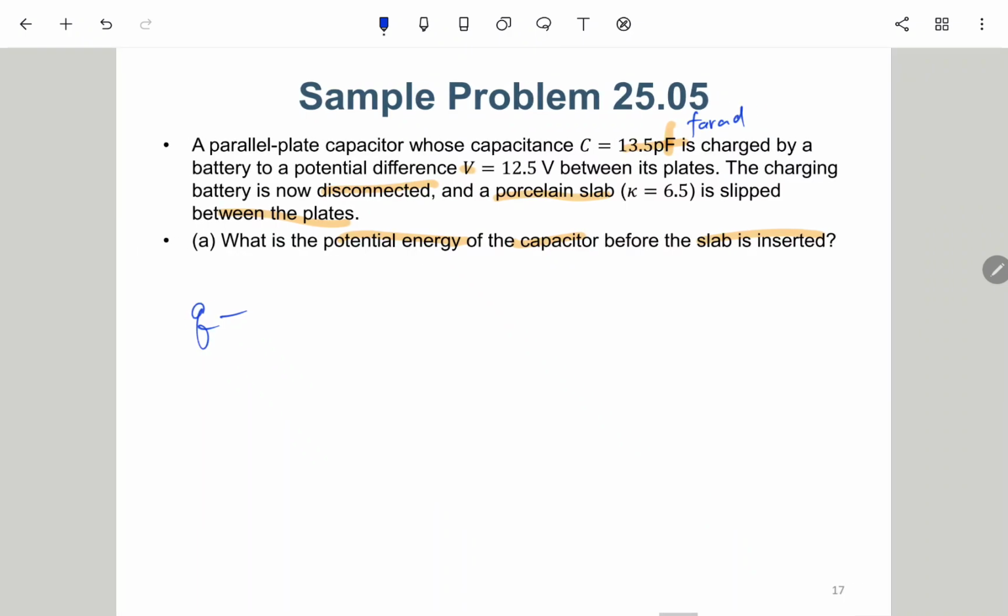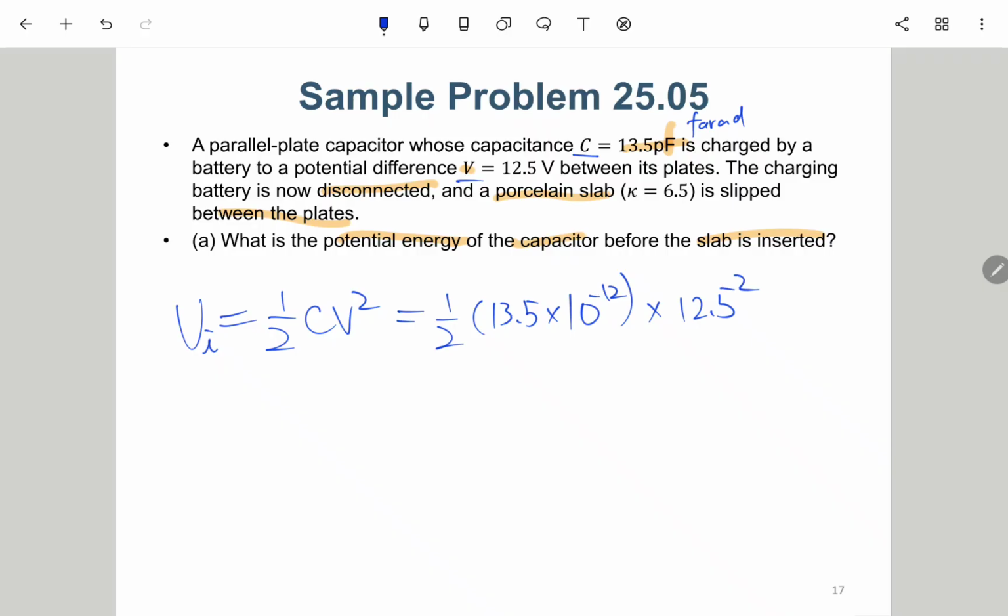The initial potential energy U_i is half of CV squared, because we already have C and V. So we plug in the numbers: half of 13.5 times 10 to the negative 12, times 12.5 squared, which is 1.055 times 10 to the negative 9 joule.